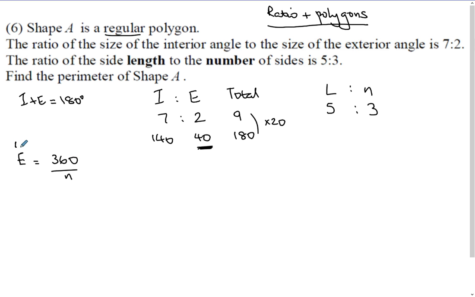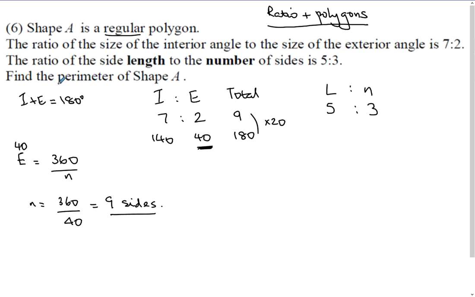So if we put 40 there, then n will be 360 divided by 40, which is 9. So that'll be 9 sides.